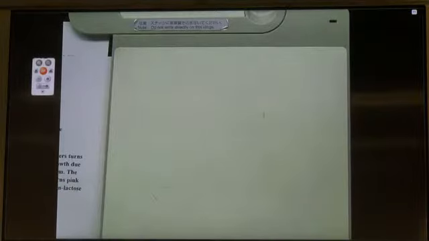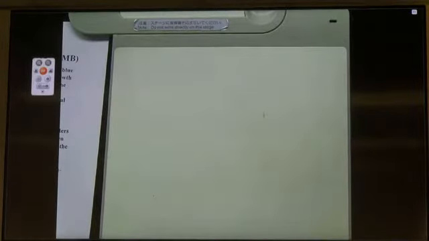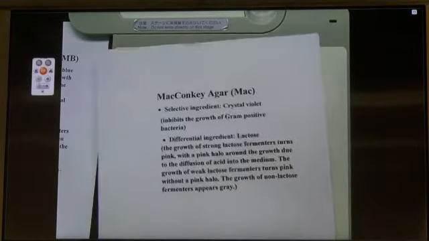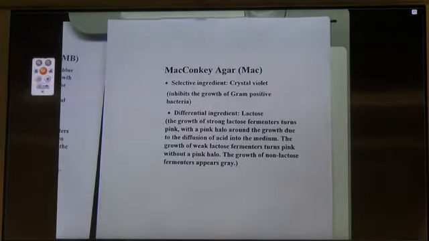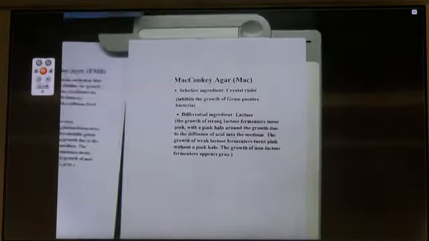McConkey agar, who's going to tell me, is it selective or differential? Or both? Very good. It is both selective and differential, McConkey agar.